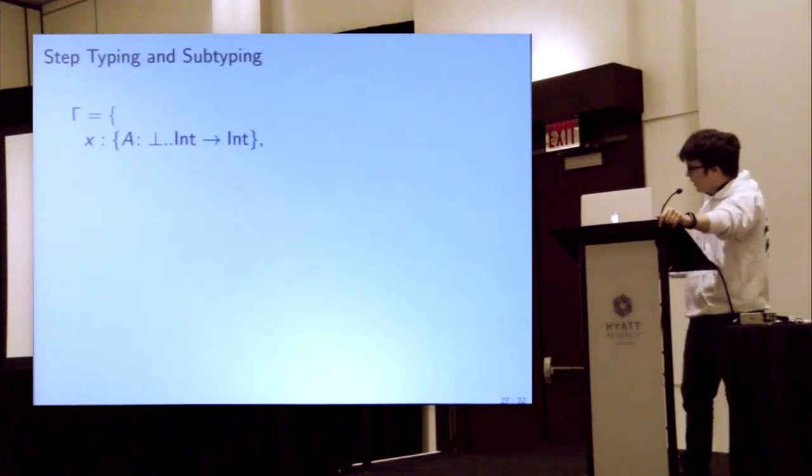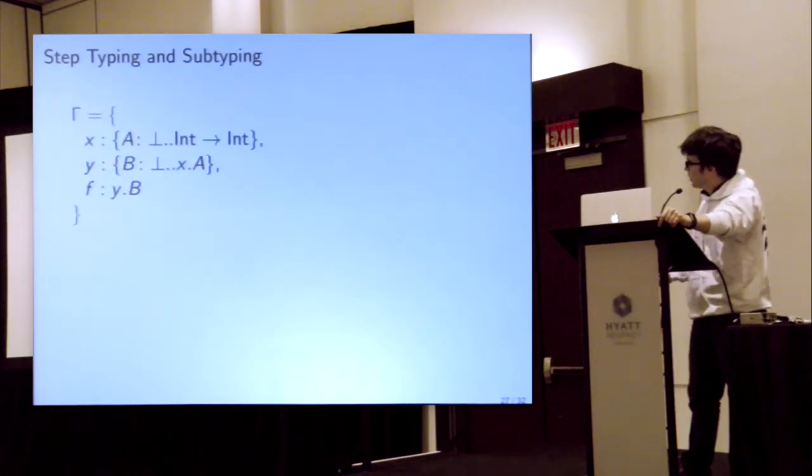So, yet another example, we have a typing context. In this typing context, we have three things. And let's go sort of bottom to top. We have some variable f that has type y.B, a path-dependent type. But we also know that B has an upper bound x.A, and we know that A has an upper bound Int => Int. And we want to be able to type check the expression f applied to 42, right?